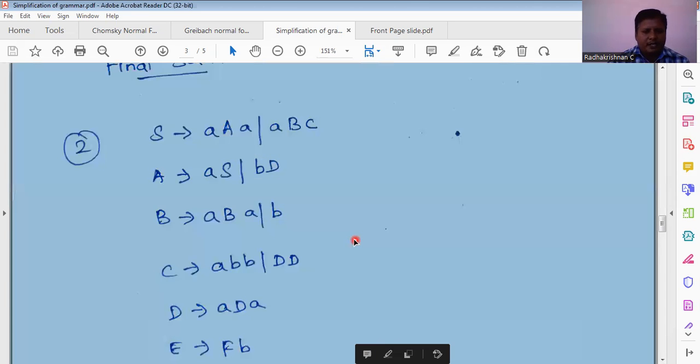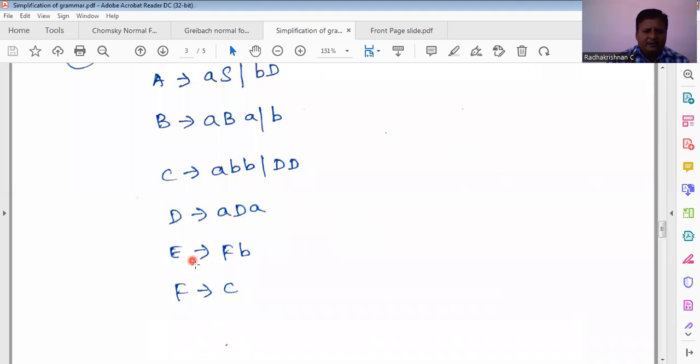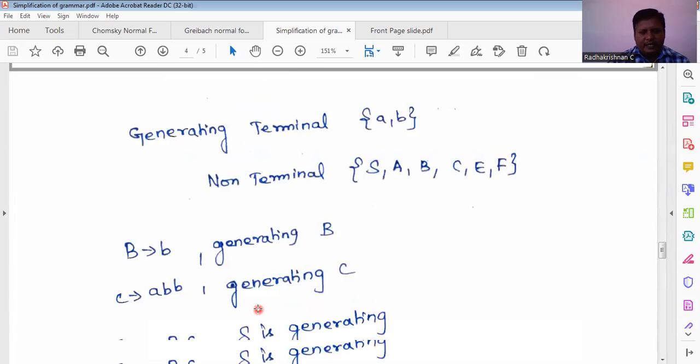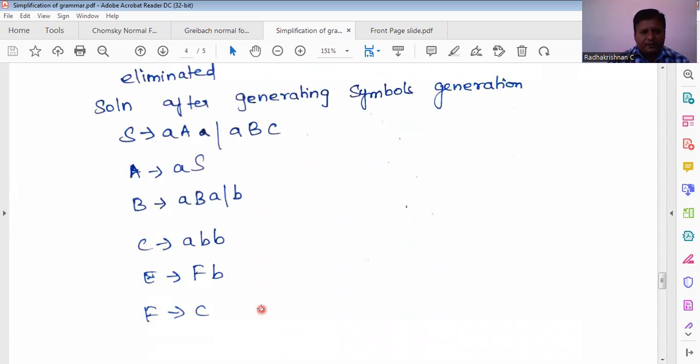The BD value is also to be eliminated. F gives FB. Again E equals FB. There is no relation from S, A, B to the E value. So E and F are also useless symbols. So the final result will be: S gives A capital A small a or A capital B capital C or small c.